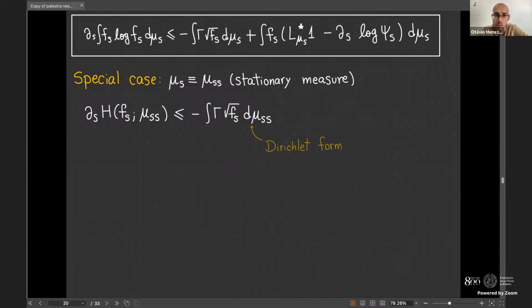So these are our building blocks, and our job is to choose good measures. They have to be explicit enough that we can compute things and do the estimates we need, but they have to be close enough to the actual law of the process that the resulting estimate is useful.